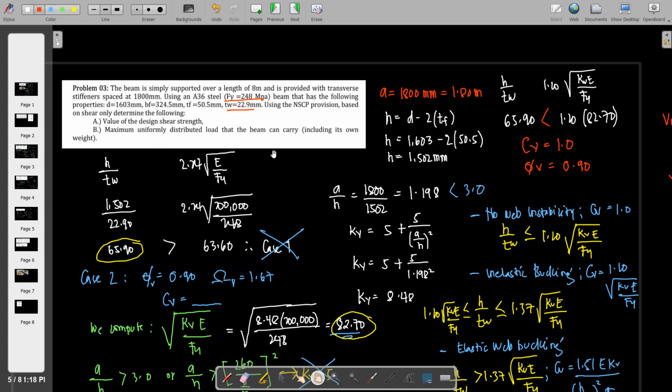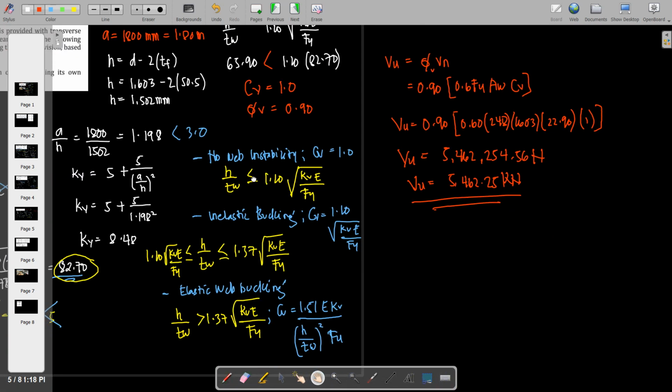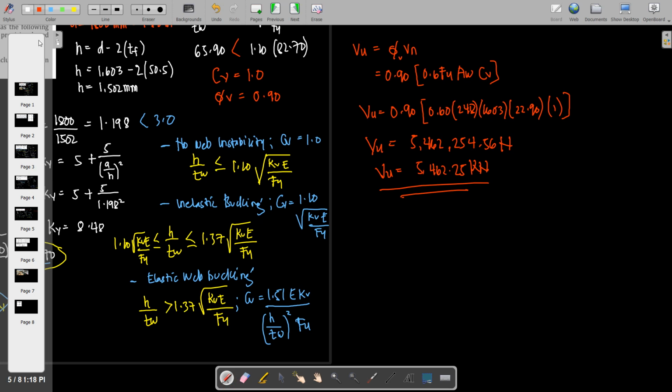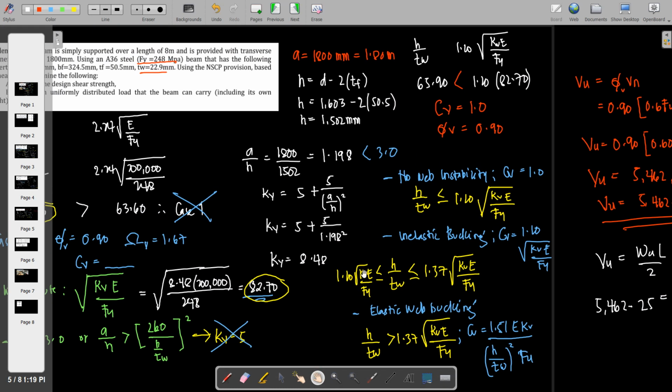So, what is the maximum uniform distributed load that the beam could carry? So, simple na lang to, because Vu, for a simply supported beam, we have WL over 2. So, substitute 5,462.25. So, we're getting W, this is 12 meters.